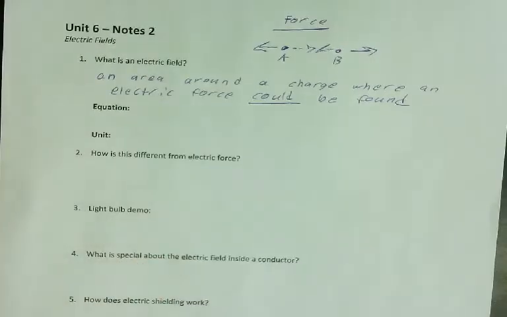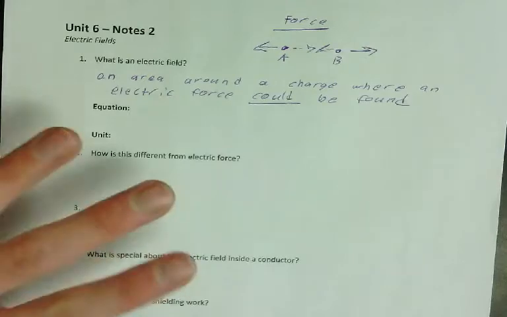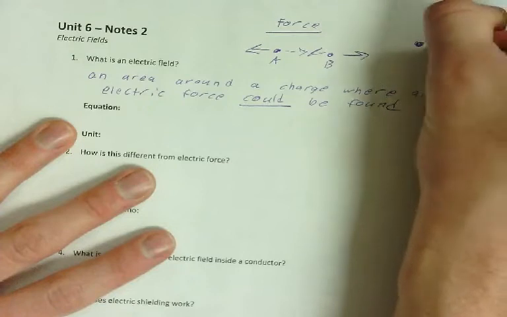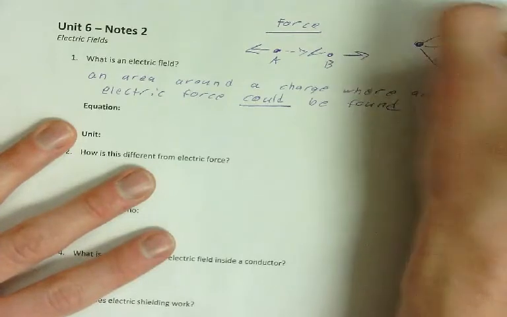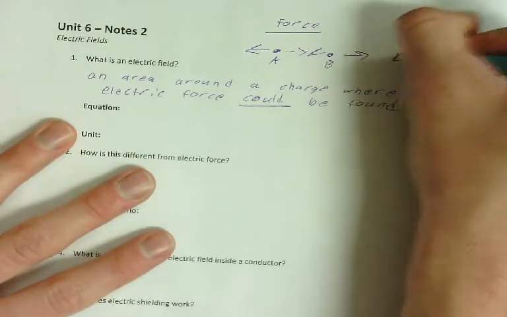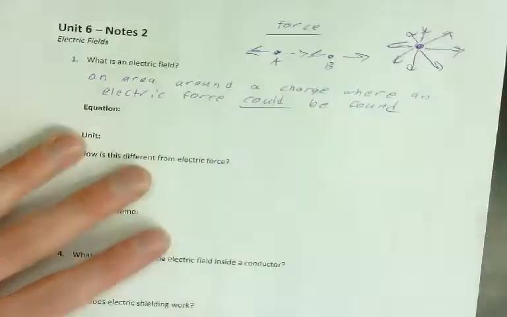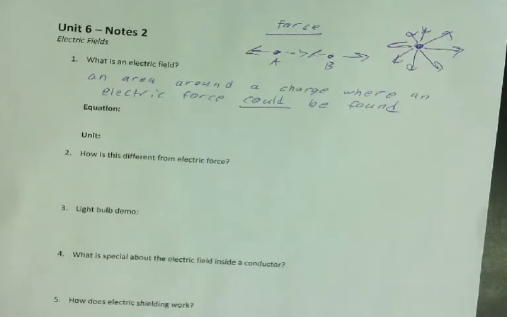But an electric field is an area around a charge where there could be a force, but you don't know what it is because there's no second charge. You just know what it could be.